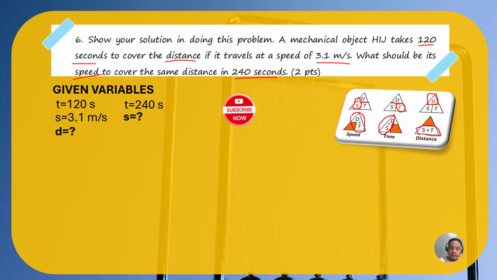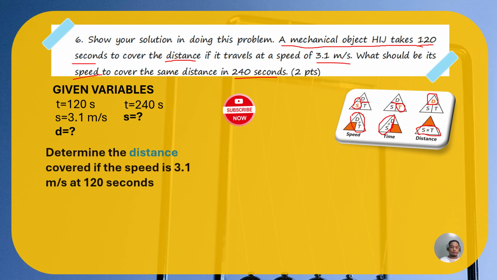So we will begin solving the first situation here. A mechanical object Hij takes 120 seconds to cover an unknown distance if it travels at 3.1 meters per second. Determine the distance covered if the speed is 3.1 meters per second at 120 seconds. If you scrutinize, you are going to determine the distance.